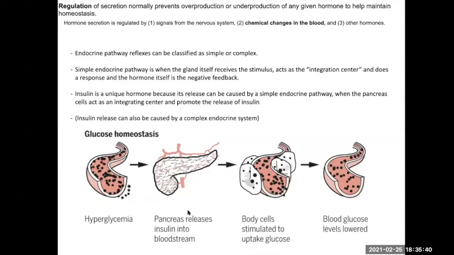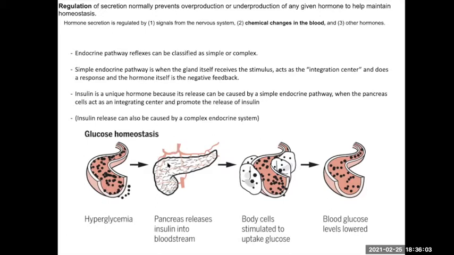and all the blood runs through the pancreas right here, and the endocrine cells in here detect that stimulus, and they're going to decide to do something about it. So when we talk about that homeostatic mechanism, the stimulus is hyperglycemia, high blood glucose.